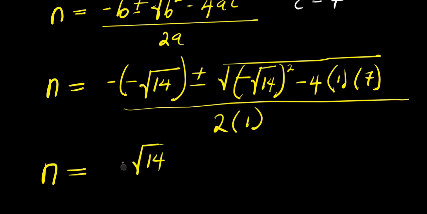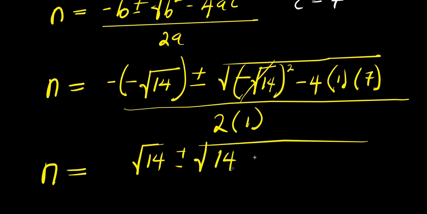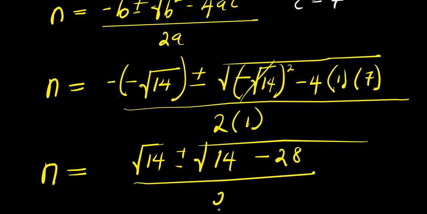So this is positive root 14 or root 14 plus or minus square root of, this negative raised to the power of 2 is positive. So this cancels this. So we have 14 here minus 4 times 1, 4 times 7. We have 28 divided by 2.